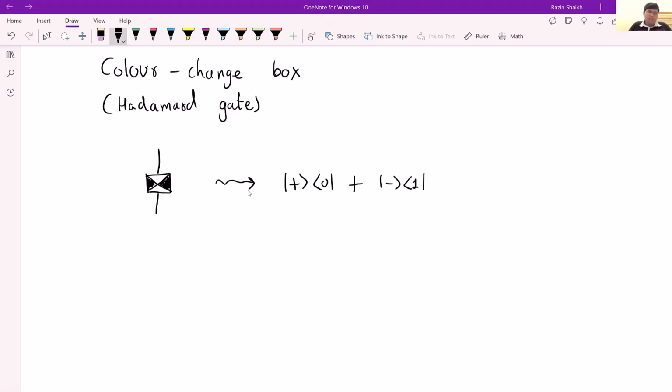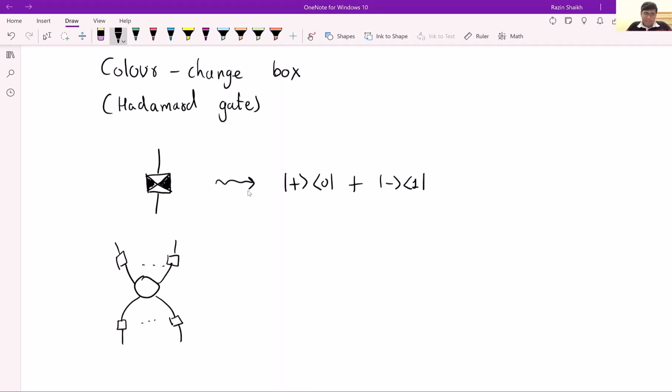Okay, now with this, we can already notice some properties. But maybe I should first explain why this is called a color change box. It's called a color change box because if I take a Z spider and I put this box on each of the legs of the Z spider, you can see what it will do.